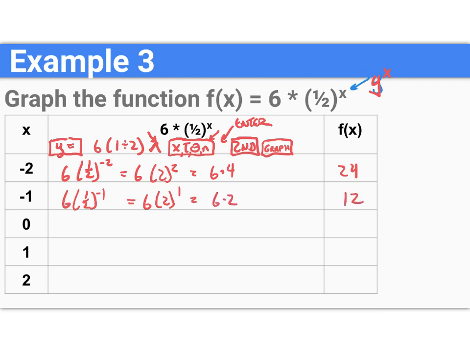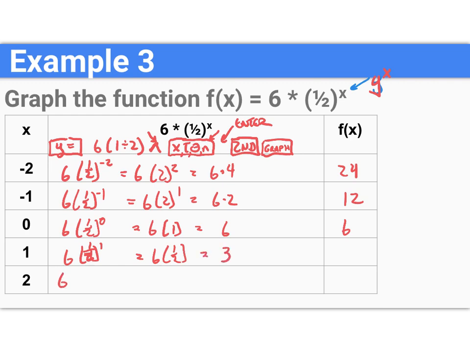And then 6 times 1/2 to the 0 power, which equals 6 times anything to the 0 power is 1, which equals 6. And then 6 times 1/2 to the 1 power equals 6 times 1/2, which equals 3.